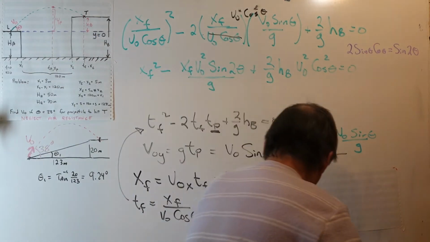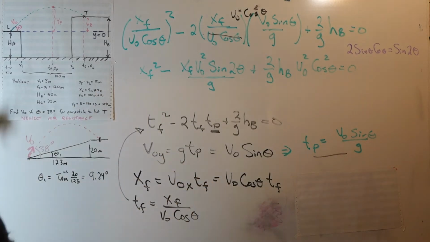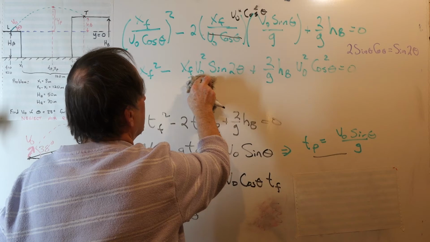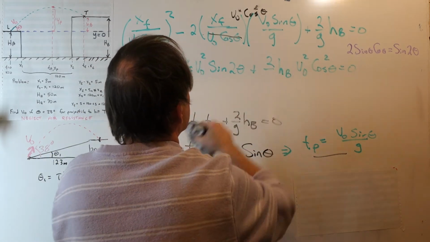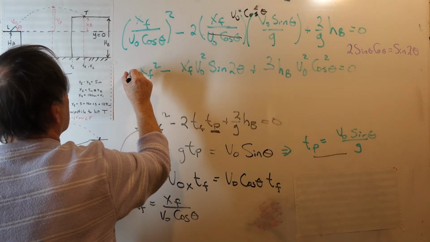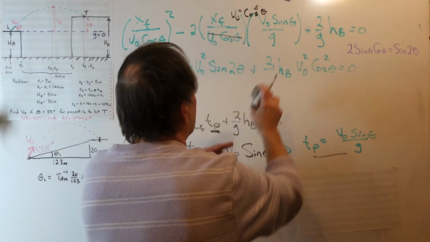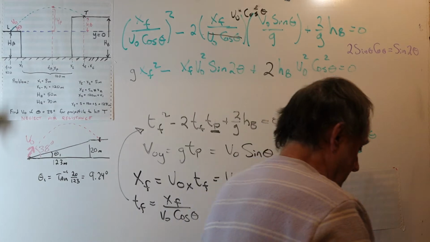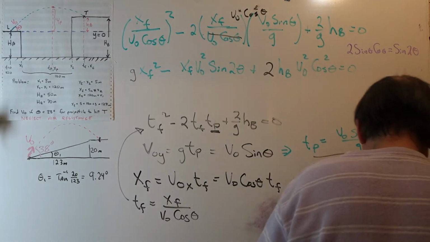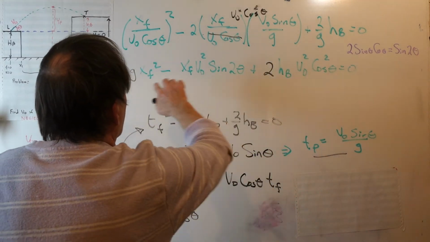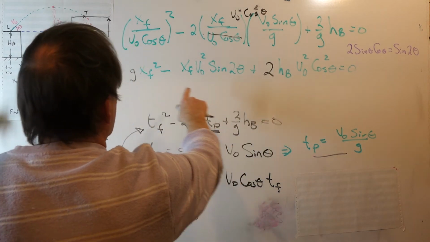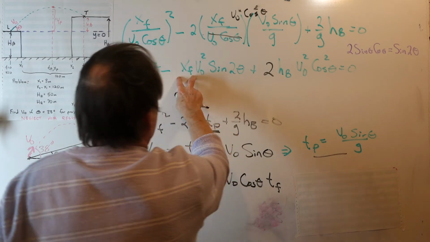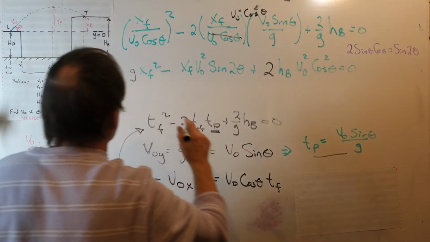Now, I'm going to multiply this through by g. So we'll get rid of the g here, we'll get rid of the g there, and we have g there, and then 2 sitting there. Now, we can factor out. What I'm going to do here is move these two terms to the right hand side.